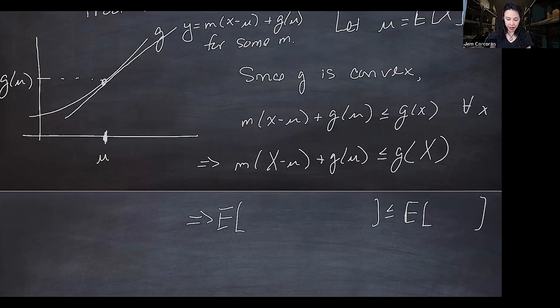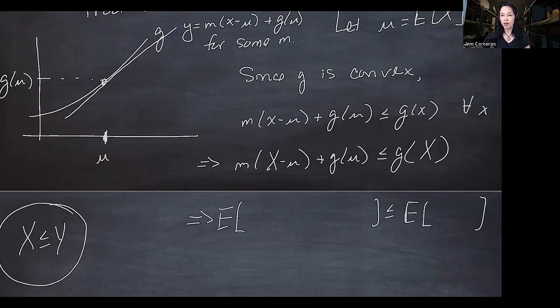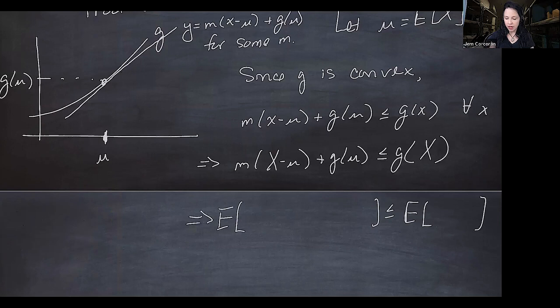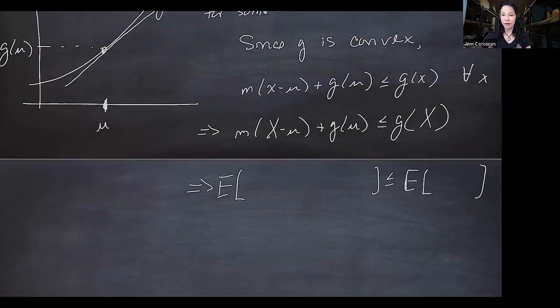If X is less than or equal to Y, does that mean the expected value of X is less than or equal to the expected value of Y? It absolutely does. But what does this even mean? If they're random variables, how is one going to be less than or equal to the other? When you see something like this, that is a with probability 1 statement. Let's talk about it next time. If not, I'll type it up for you.